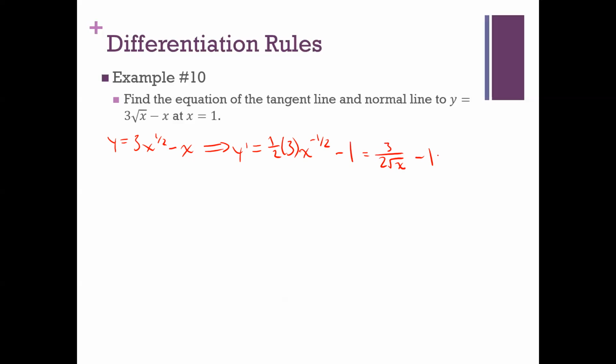Based on what I want to do, what should I do with it? Plug in x. So now, yeah, I want to find the derivative, but I want to restrict it to x equals 1. So that'll be 3/2 radical 1 minus 1, and that gives me 1/2, right?